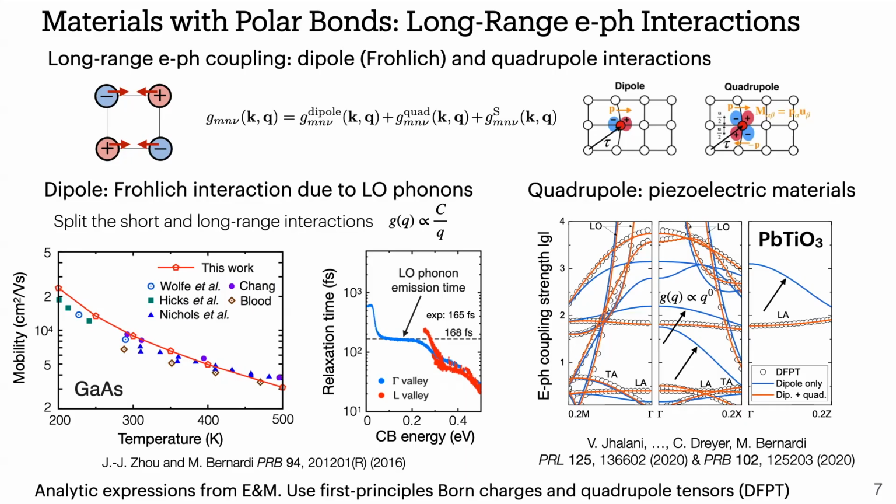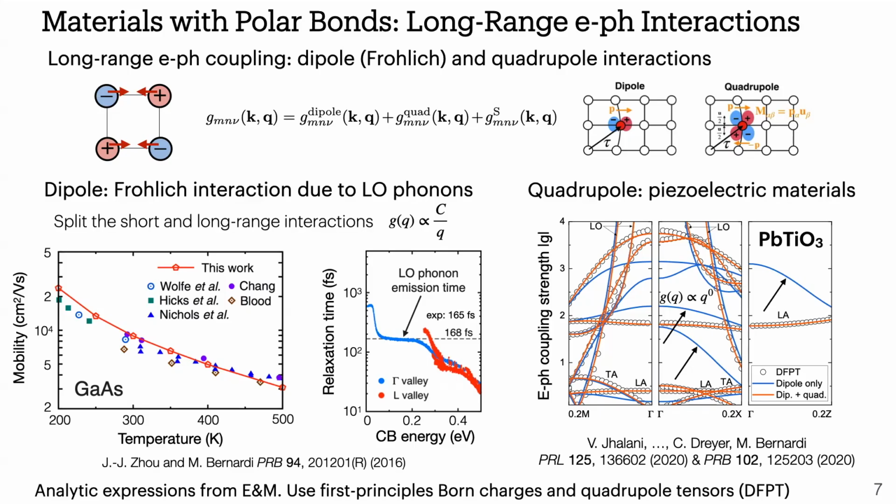What this paper has shown is that you can predict both the macroscopic transport properties, such as the mobility, but also understand the mechanism that limits transport, which in this case is the emission of a longitudinal optical phonon in the conduction band of gallium arsenide. We've also shown that you can predict the time scale for this process with pretty stunning accuracy, within a few percent of experiments.